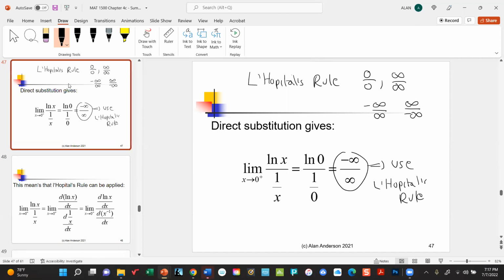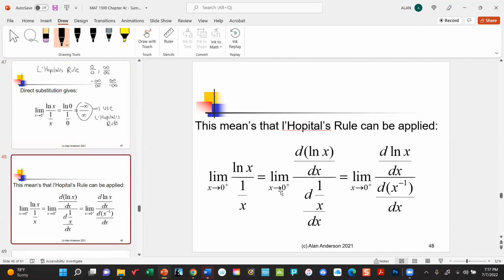Now, that still doesn't guarantee we'll find a result, but it's much more likely. It's kind of unusual that L'Hopital's rule doesn't provide us with a result. It can happen, but it's unusual. So you might recall that what we're going to do is take the derivative of the numerator and the denominator.